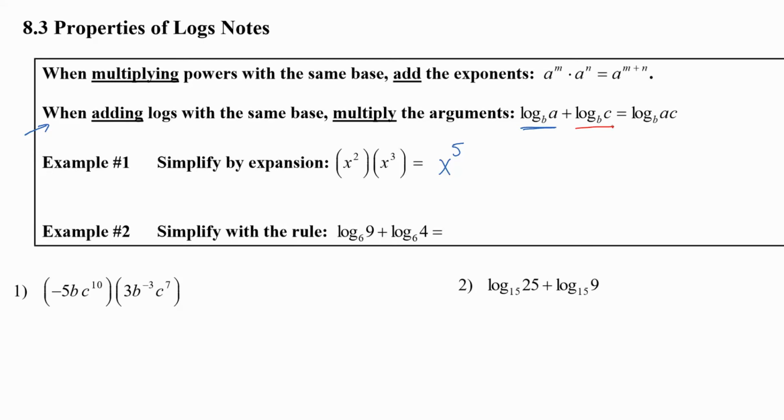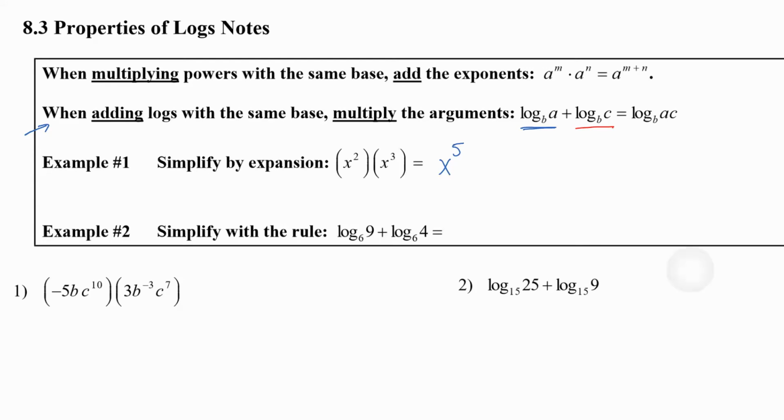So how can we use this? There's a few different applications, but here's a very simple one, where we just simplify log base 6 of 9 plus log base 6 of 4. So again, under what condition would we be adding exponents? We're adding exponents when we multiply powers.